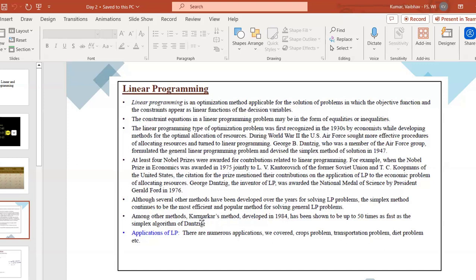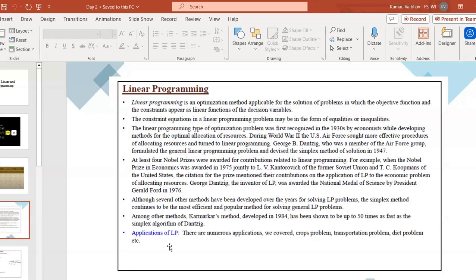There are other methods, like the Karmarkar method, developed recently, in 1984, which has been shown to be up to 50 times faster than the simplex algorithm. But it is applicable to only some problems, and for others we have to move towards the simplex algorithm. Linear programming has applications in each and every area, whether economics or hospital administration.